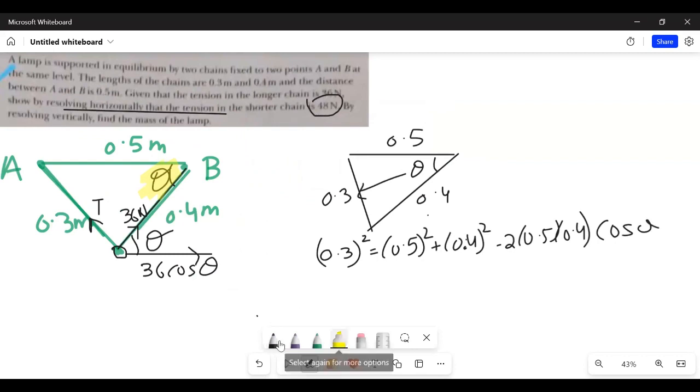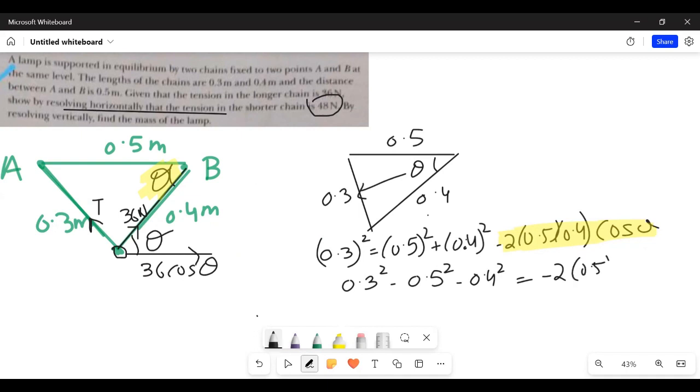Now you have to make cos theta the subject. So that means first make this the subject. So move everything else to the other side except for this term. So 0.3 square minus 0.5 square minus 0.4 square equals minus 2 times 0.5 times 0.4 cos theta.